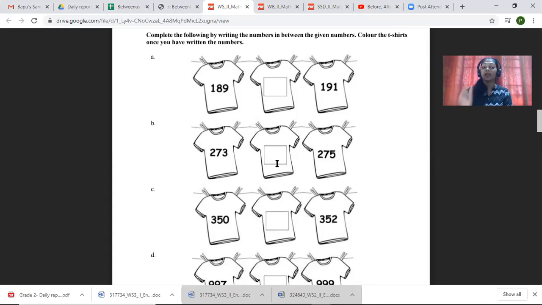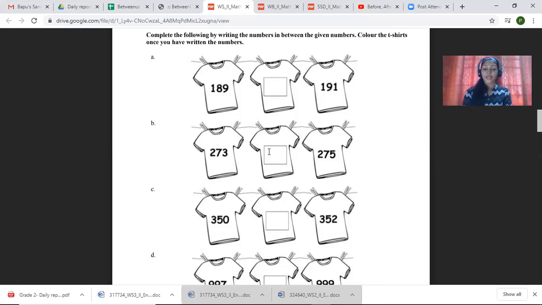273, and there's a blank. Next one, 275. So what is missing there? 274. Fantastic. Good. So the numbers are 273, 274, 275. Very good. And the next one, 350, and then there is a blank in between.